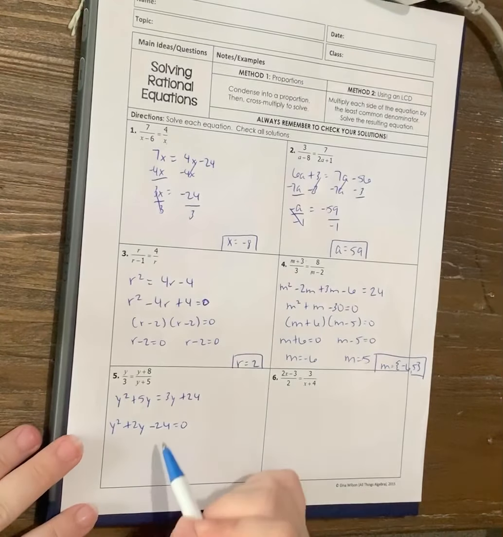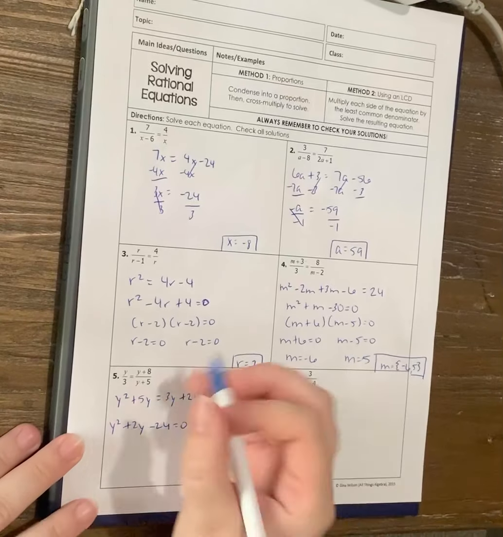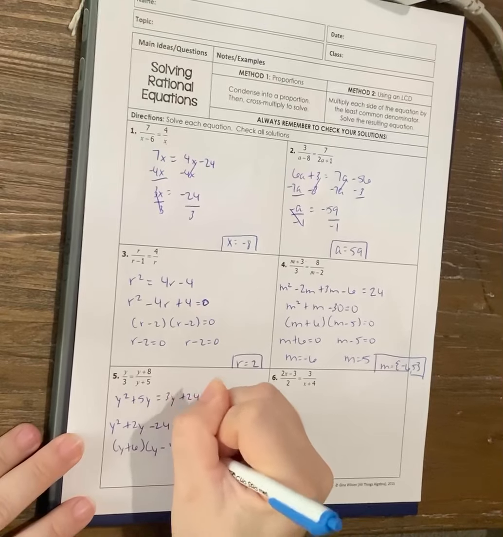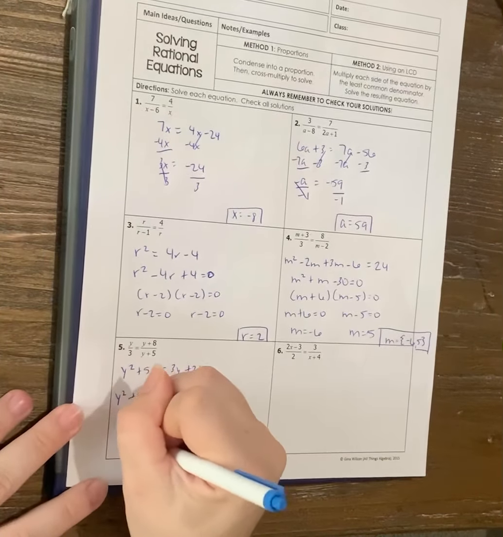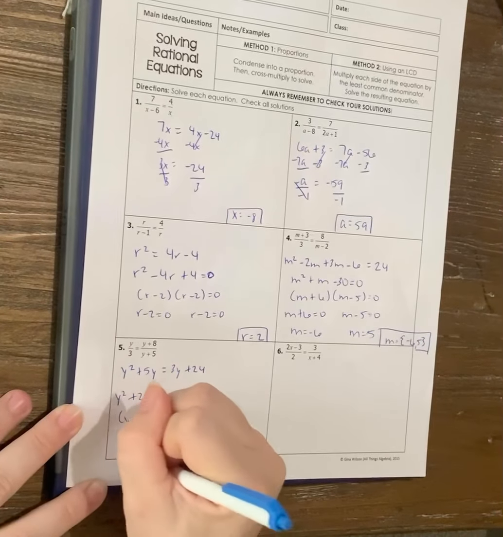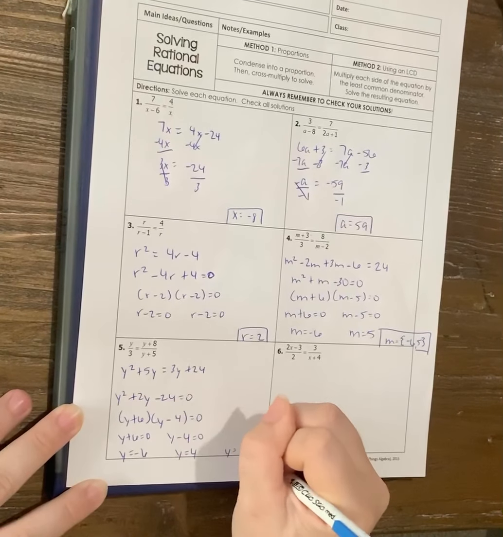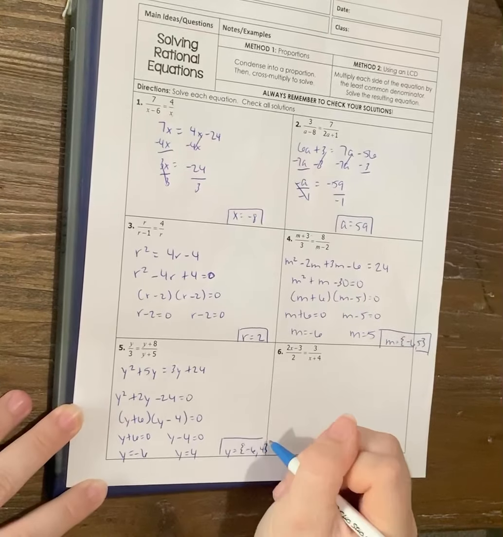And then factor, so what multiplies to give you negative 24 and adds to give you a positive 2 is going to be 6 and negative 4. So we have y plus 6, y minus 4. Set them equal to 0 and solve. So we have y equals a negative 6 and y equals a positive 4. So we have a solution set of negative 6 and positive 4.